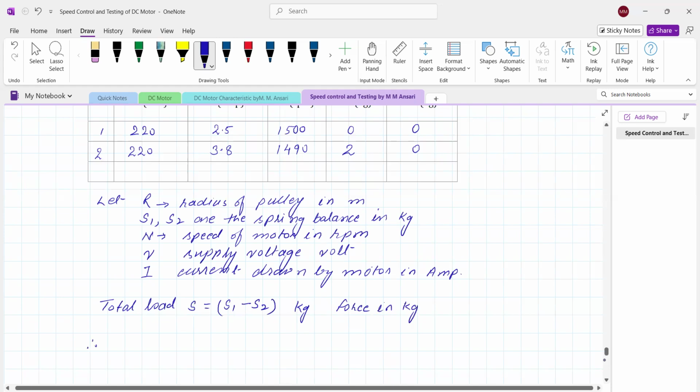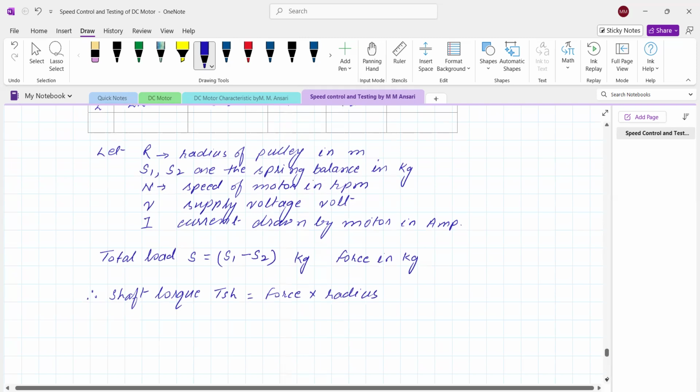Therefore, the shaft torque TSH is equal to force multiplied by the radius of the pulley.